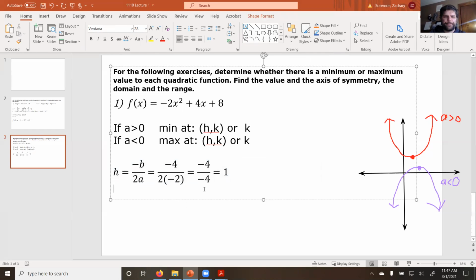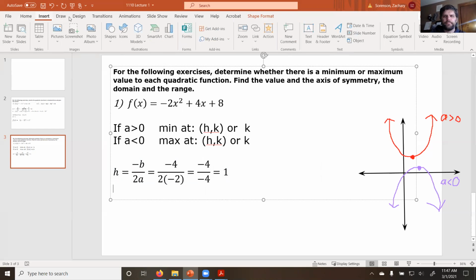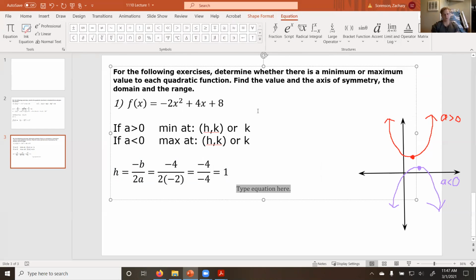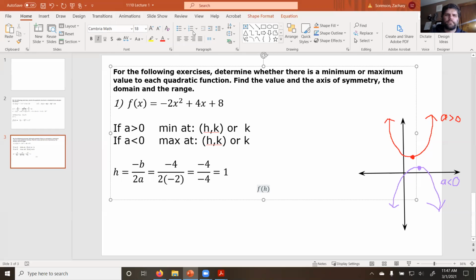I find my k, the f of h. I find that by plugging h into my function, which, since it's a positive 1, should flow pretty nicely.